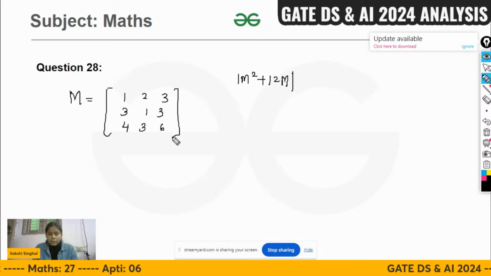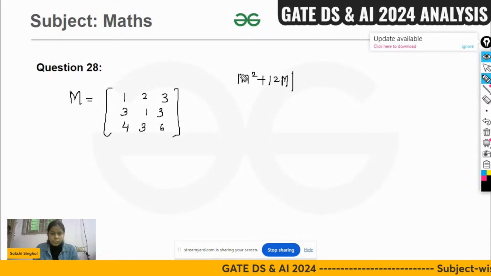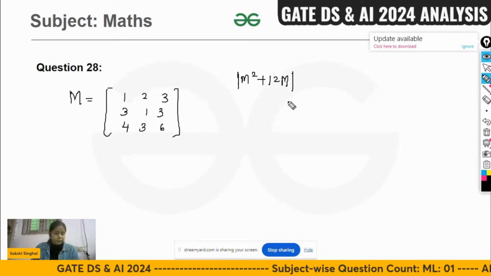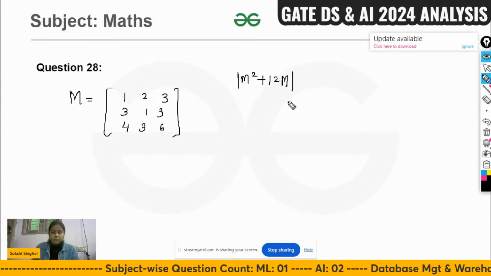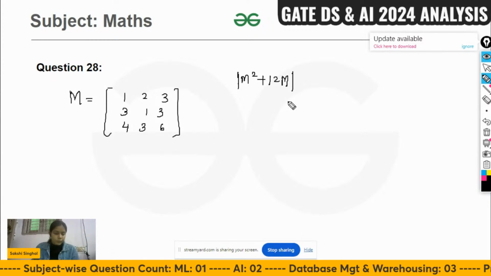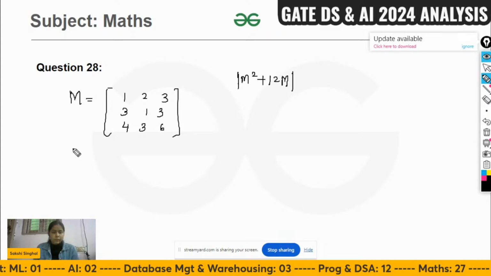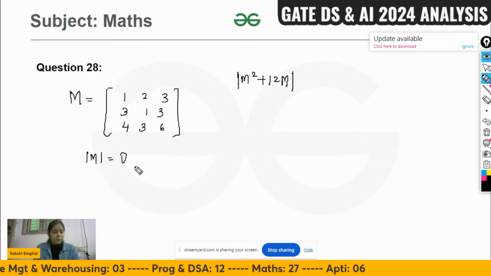So guys, what would be the determinant here? They ask for the determinant of M square plus 2M. You can see that here the determinant of M is 0. Why am I directly saying the determinant of M is 0?